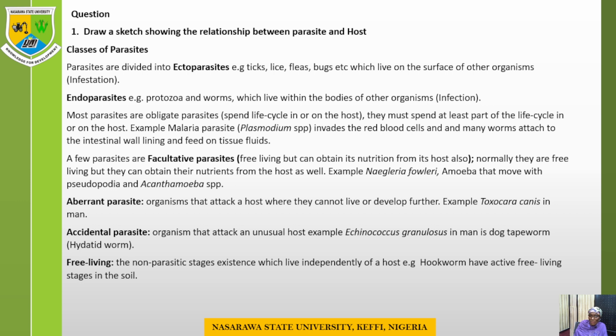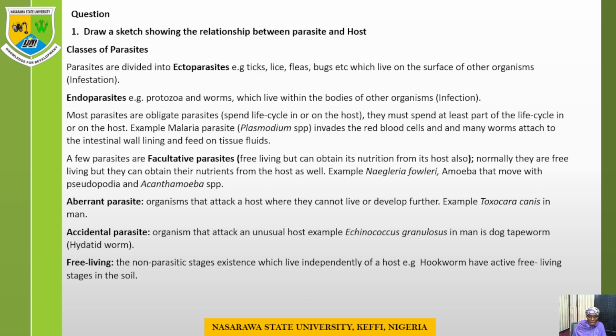Example, we have our famous malaria parasite, Plasmodium species, which invades the red blood cells, and many worms that attach to the intestinal wall lining, and they feed on tissue fluids. These are examples of obligate parasites.